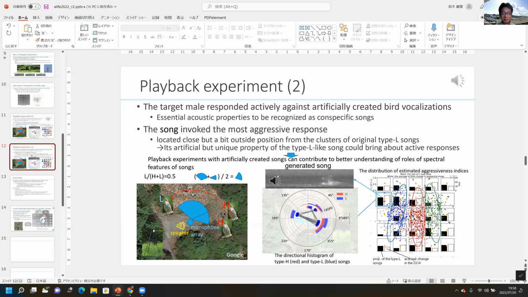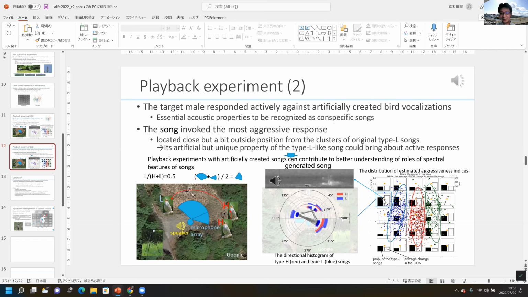Yeah. Actually, that's an interesting point, and we want to find out that kind of extreme case. This result is very preliminary, but it is interesting. I think that this genetic song might have some kind of extreme property.